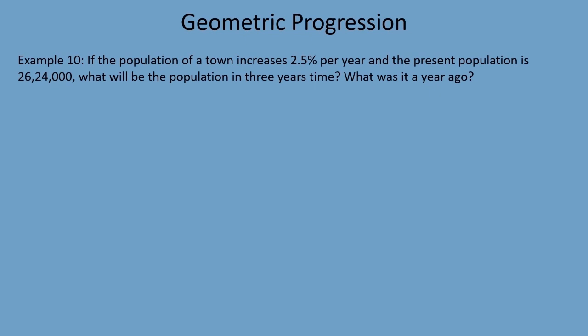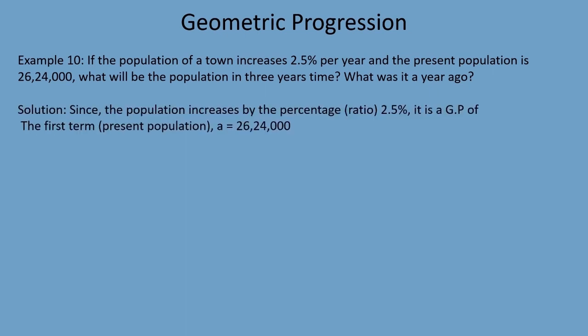Example 10. If the population of a town increases by 2.5% per year and the present population is 26,24,000, what will be the population in 3 years' time? What was it a year ago? Solution. Since the population increases by the percentage ratio 2.5%, it is a GP.